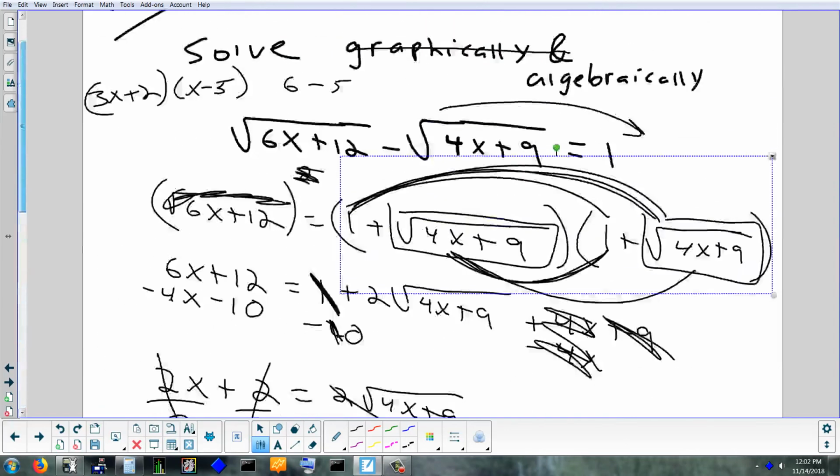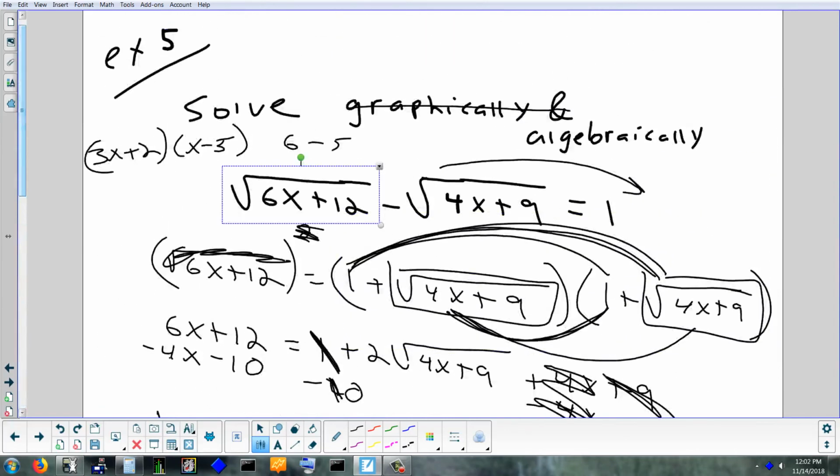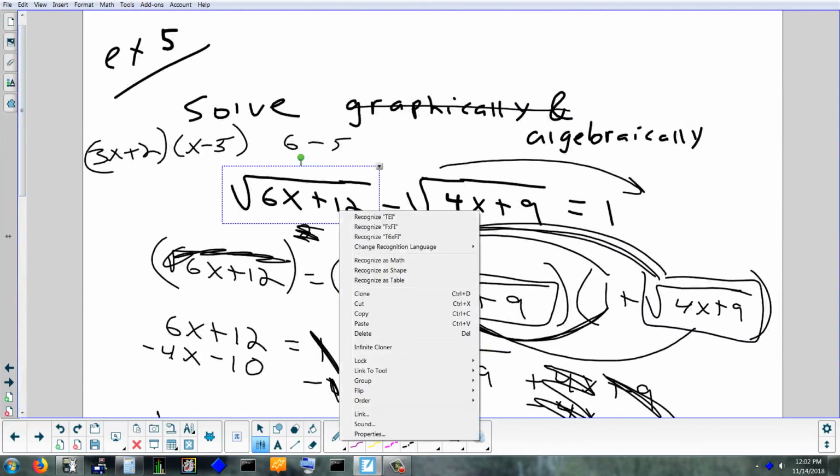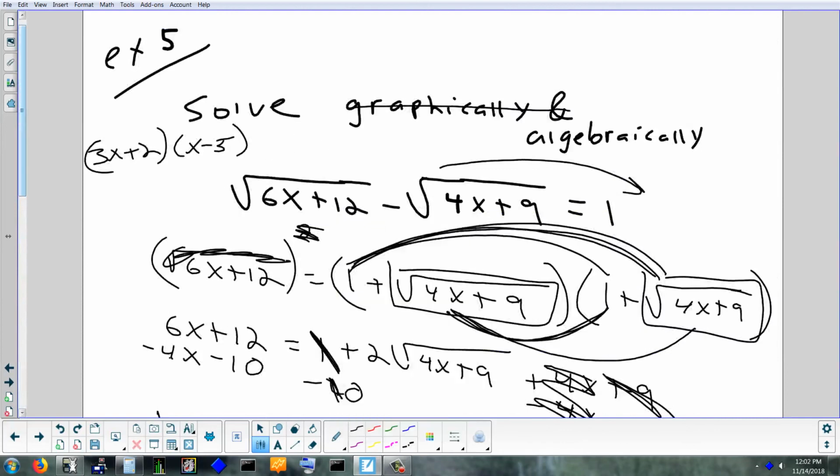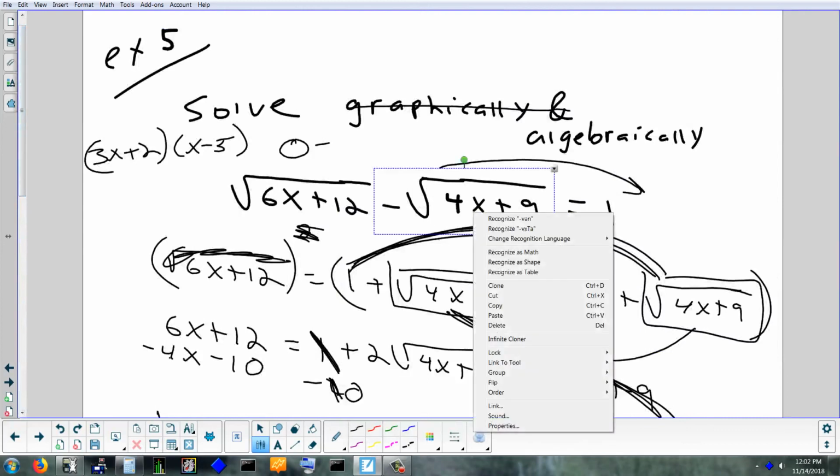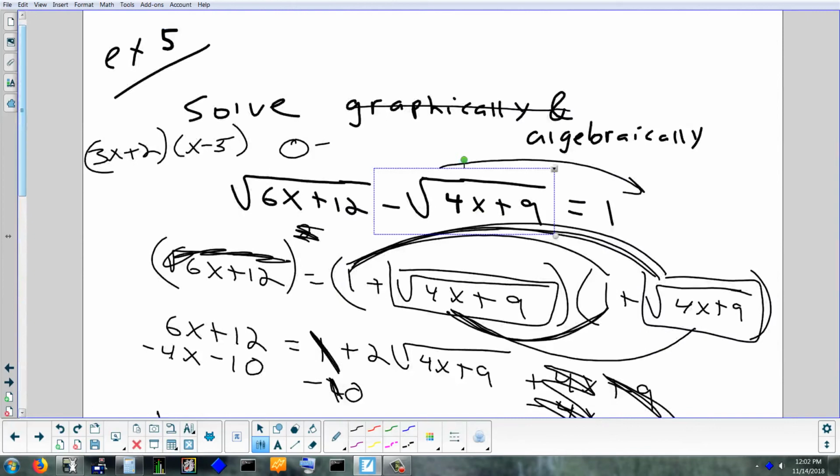The negative 2. 6 times negative 2 is negative 12 plus 12. And the square root of 0? 0. 4 times negative 2. Negative 8 plus 9 is 1. What's the square root of 1? 1.